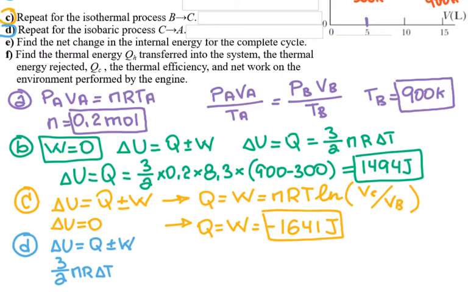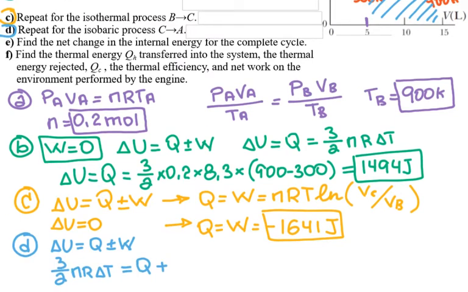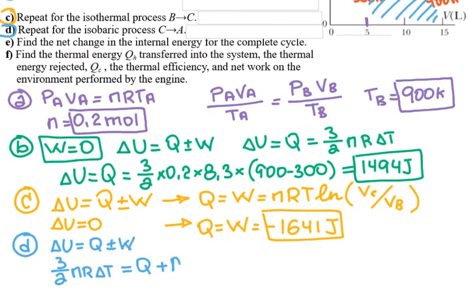So we have that part for delta U, and then we have equals to Q, heat added into the system, and plus the work, but the work is the area underneath the graph, and the work is positive in this case. So I will have plus, and so I'm just gonna say area.